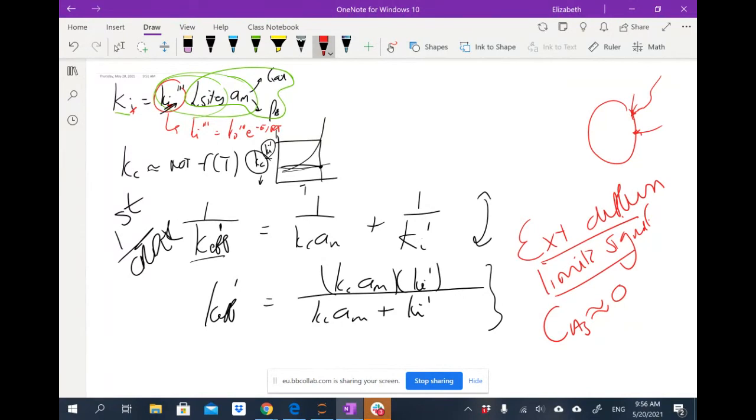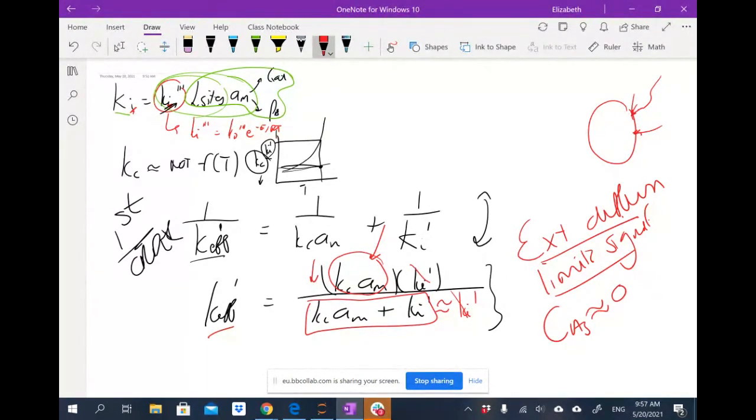That means that the KCAM is really small. In other words, KCAM plus Ki dash is pretty much just equal to Ki dash. Okay? And then what that implies is that these two terms will fall away and my effective rate constant is only governed by KCAM and its behavior.